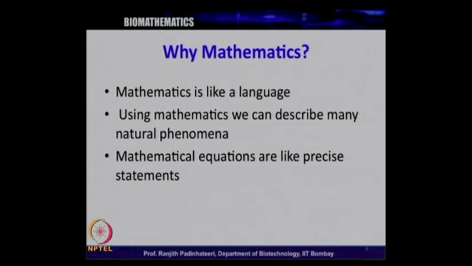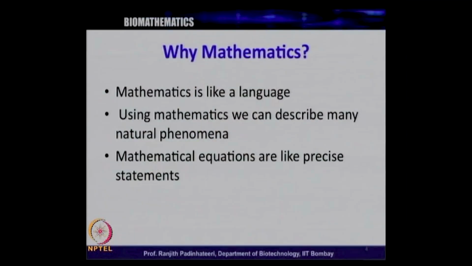When we say mathematics, the first thing that comes to everybody's mind is some set of equations. Mathematics is always related to equations. So what are these equations? Essentially, equations are like statements, very precise statements. In English we make a lot of statements to describe an event that we see in day-to-day life.